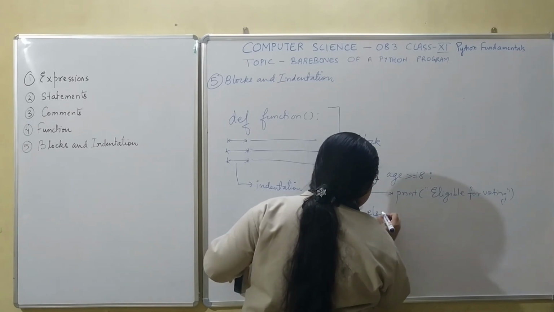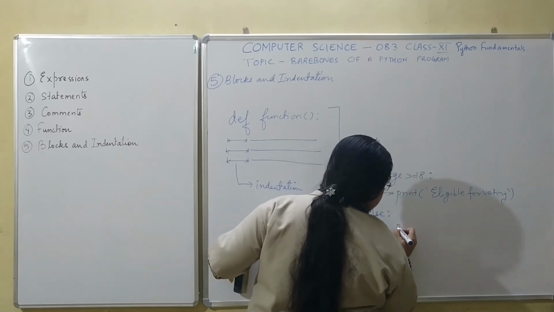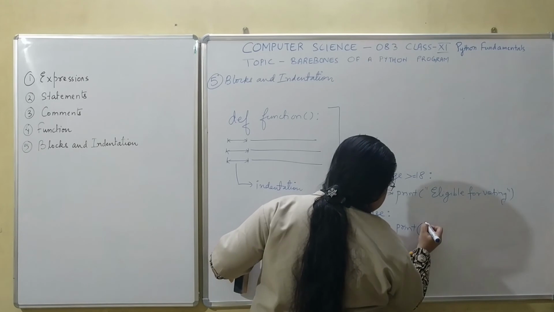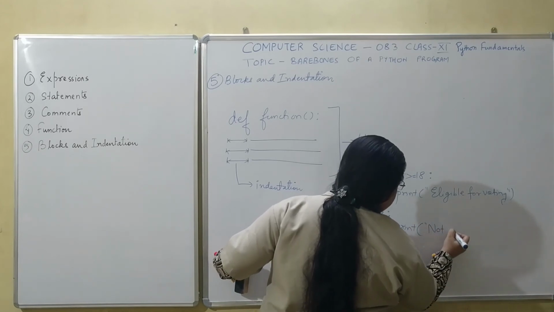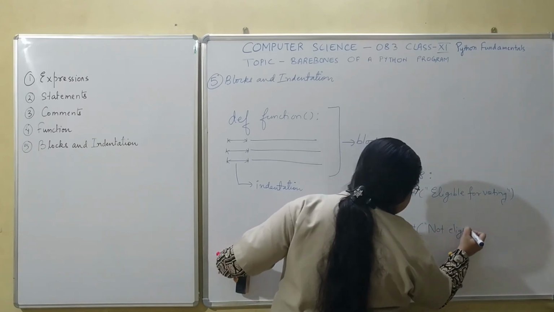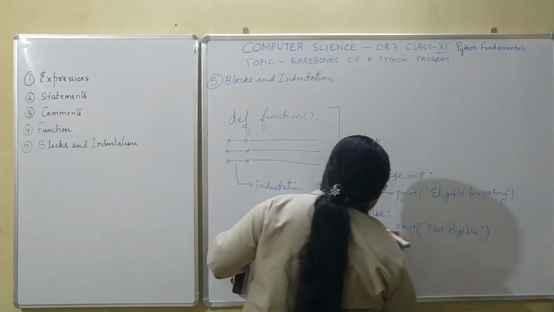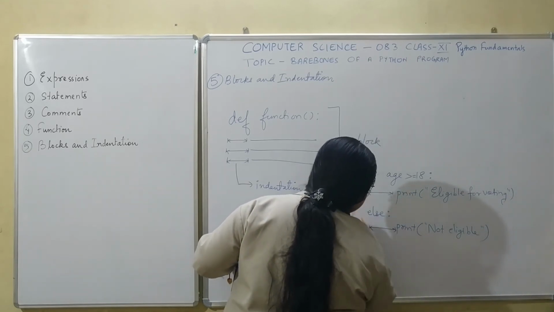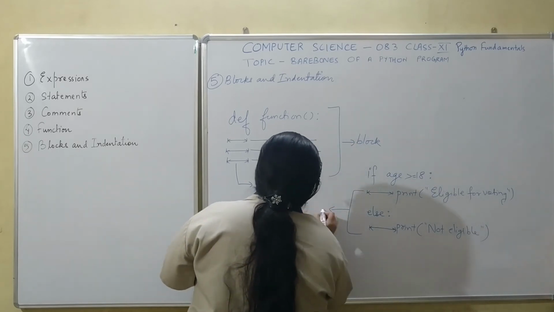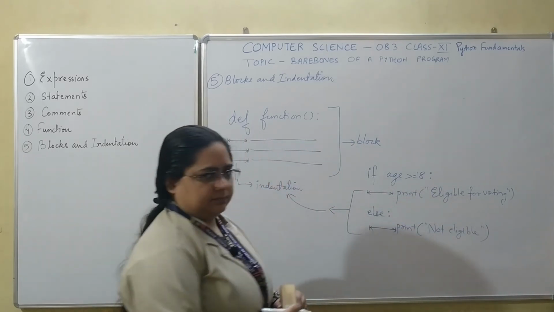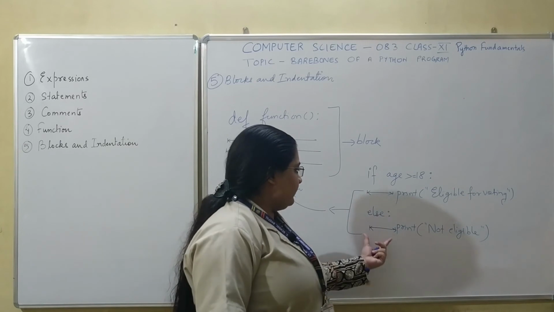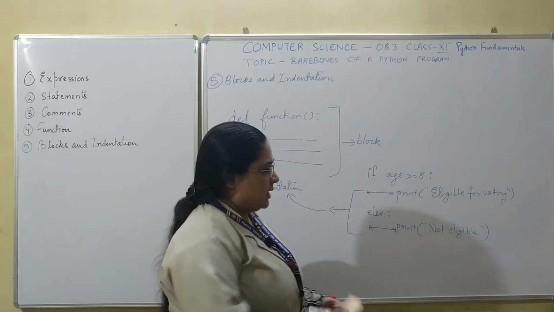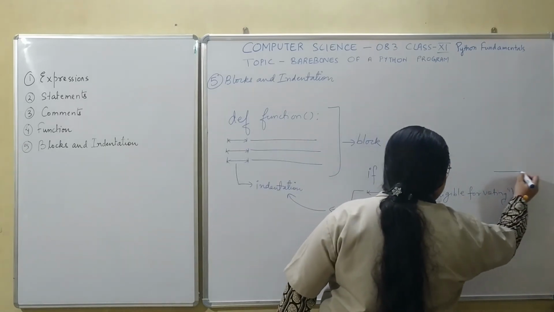Else print not eligible for voting. So in both these statements you have seen that we have left some space. So this is known as what? Indentation. This space which is left is known as indentation, and this is known as a program block.